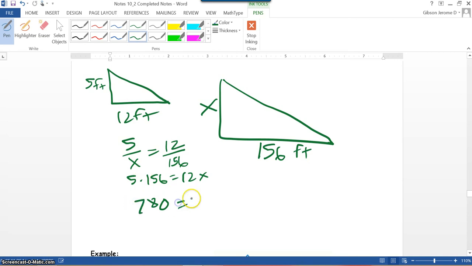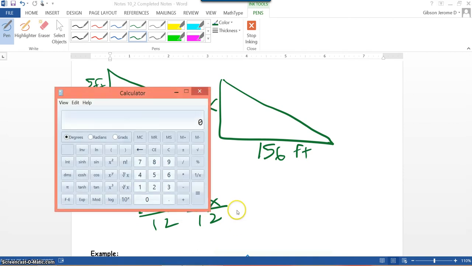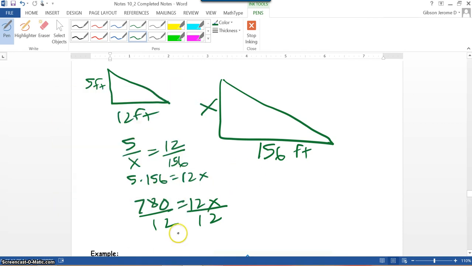So this would be 780 is equal to 12x. So now, the next thing we would do is to divide each side by 12. We would take our calculator, 780 divided by 12, and that gives us 65. So our answer here would be 65 feet is equal to x. That's the height of the tree, which is 65 feet.